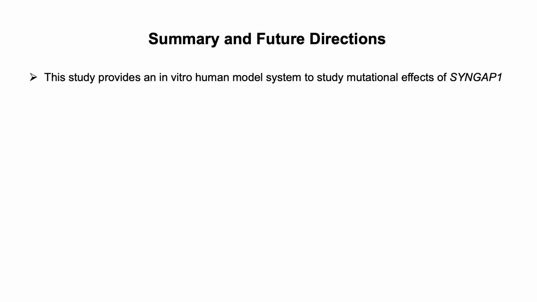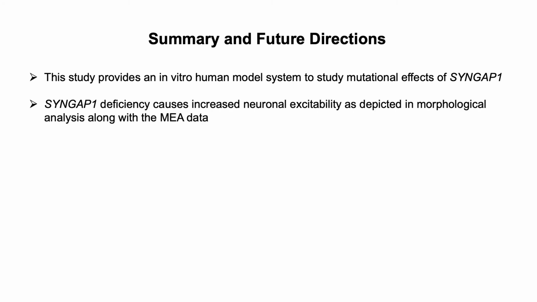In summary, this study provides an in vitro model system to study mutational effects of SYNGAP1. SYNGAP deficiency, or haploinsufficiency, causes increased neuronal excitability, as depicted in the morphological studies along with the functional MEA data.